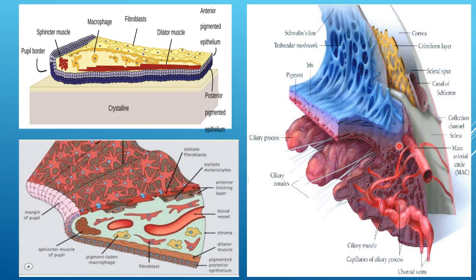And here you can see that this iris is going to have this ciliary margin, which is the margin towards the ciliary body. It is the root of the iris. It is attached to the margin of the ciliary body. This is the ciliary margin.